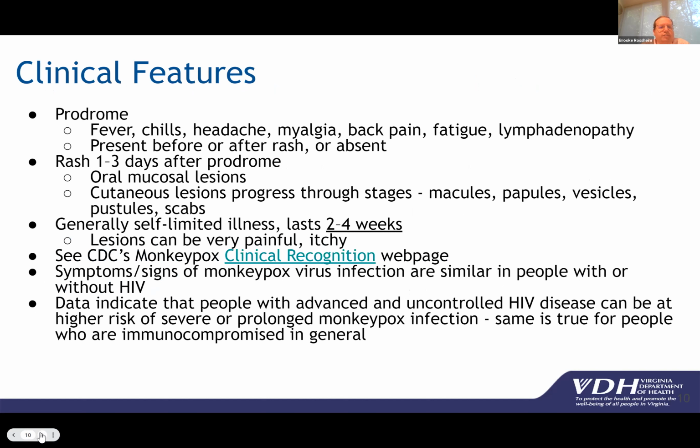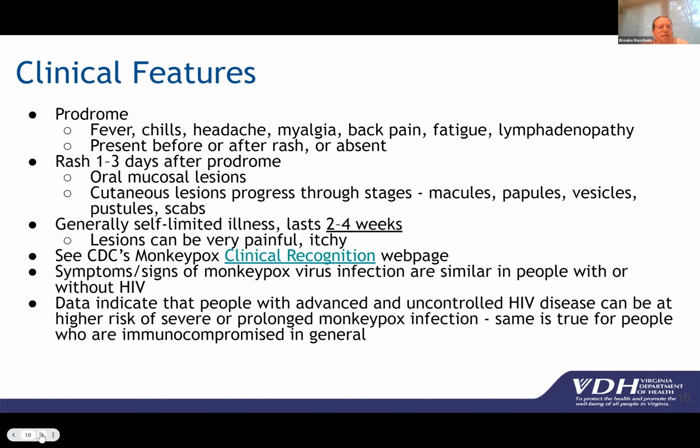That would be fevers, chills, headache, muscle aches, joint aches, pain in other areas, fatigue, enlarged lymph nodes. And the interesting thing about the prodrome is that usually it would happen before the rash. But with monkeypox, the prodrome can be present before the rash. It can also be present after the rash starts, or it can just simply be absent altogether.